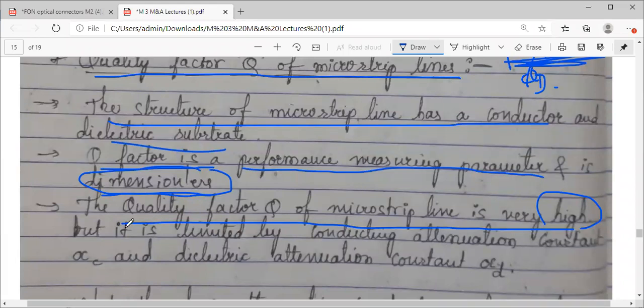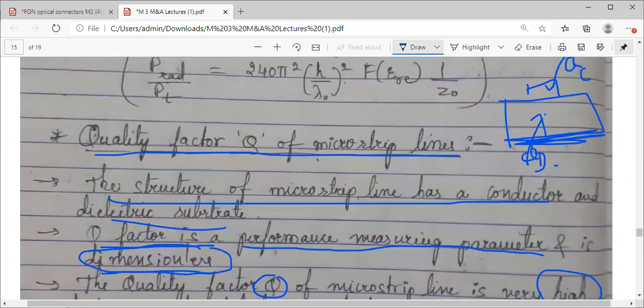But the condition is, one of the limiting factors for this quality factor is attenuations. That's what I said. What we have discussed in the previous session about the losses alpha D and alpha C are important for us here to go for quality factor.